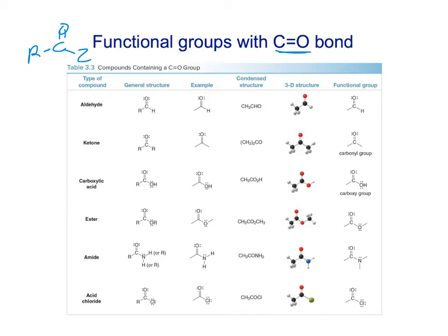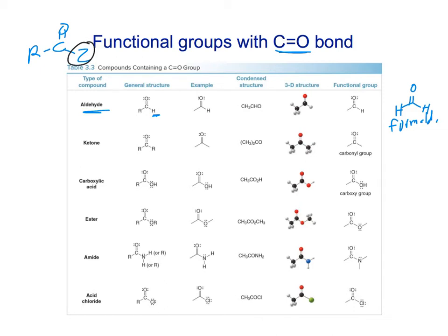So they're all going to be different based upon what this Z group is. So here we have the simplest of these. That Z group is a hydrogen. So we have the carbonyl with a hydrogen on it. This is called an aldehyde. The simplest of the aldehydes has 2 hydrogens on it. This one I think we wrote before is formaldehyde.